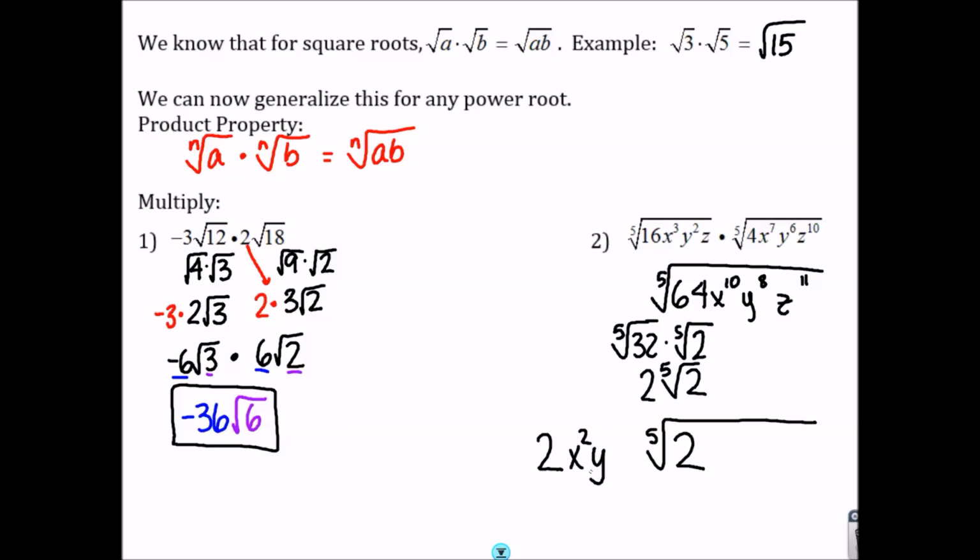So I have 1 y outside the radical and y cubed inside the radical. Lastly, when I do fifth root of z to the 11th, I do 11 divided by 5, which is 2, remainder 1. So I have a z squared outside the radical and 1 z inside the radical. So this will be my final answer.